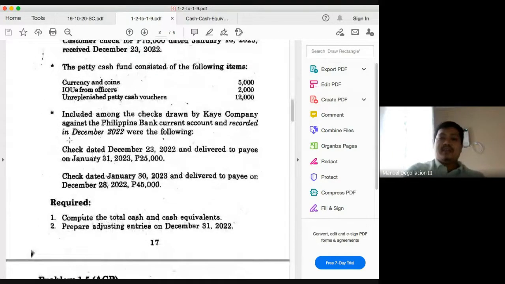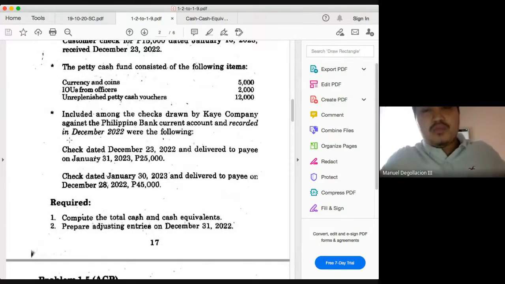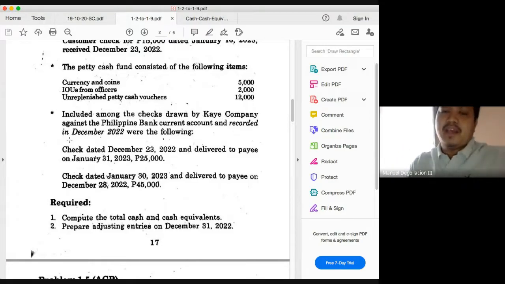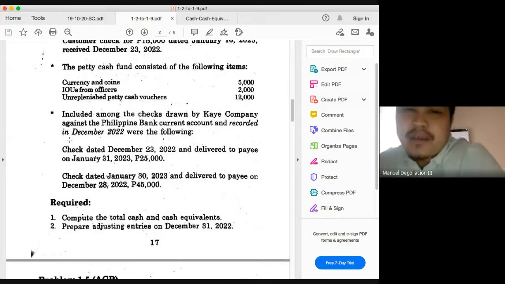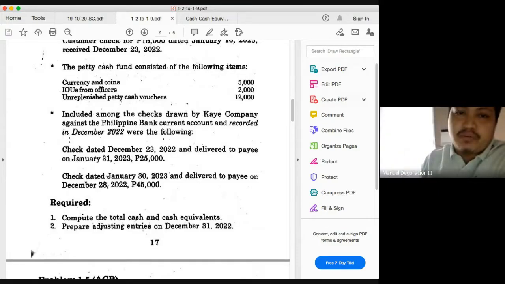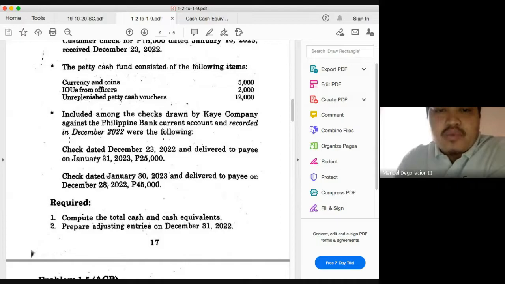First, a check dated December 23, 2022 and delivered to the payee on January 31, 2023. That means we are the one making the payment and we have already recorded it, so our cash balance was already reduced. The question now is, was it correct for us to have recorded the payment? Was there a payment that actually took place?